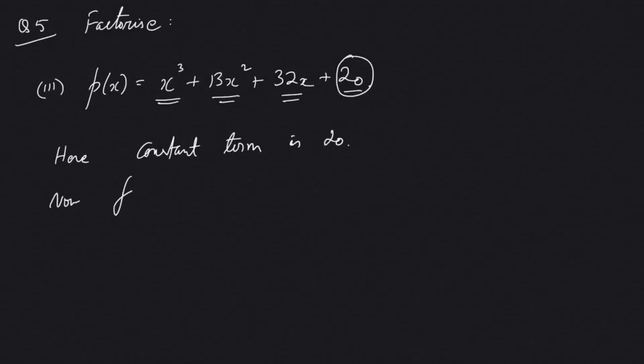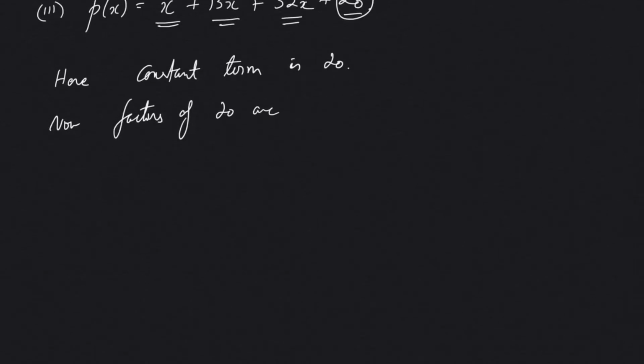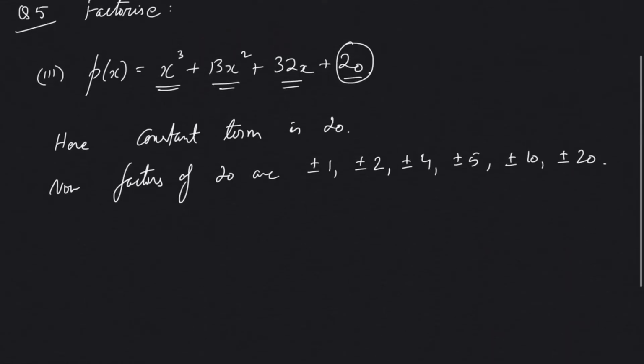So now the factors of 20 are plus minus 1, plus minus 2, plus minus 4, plus minus 5, plus minus 10, plus minus 20.